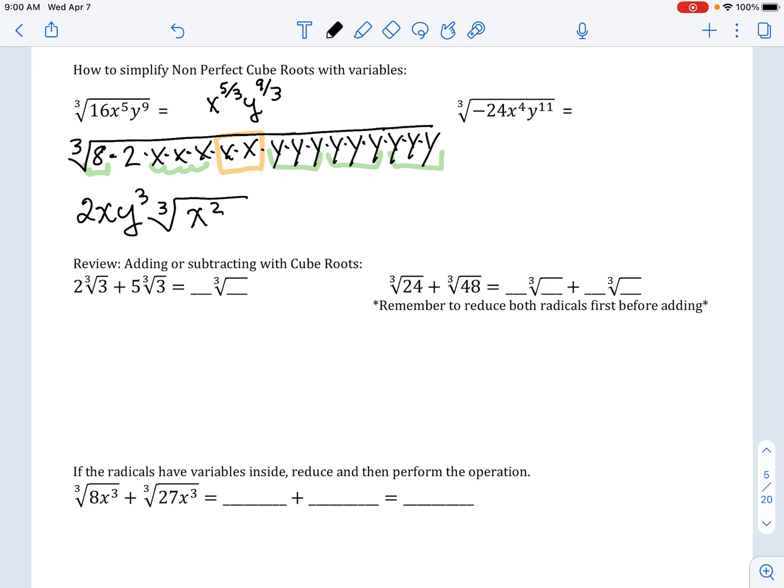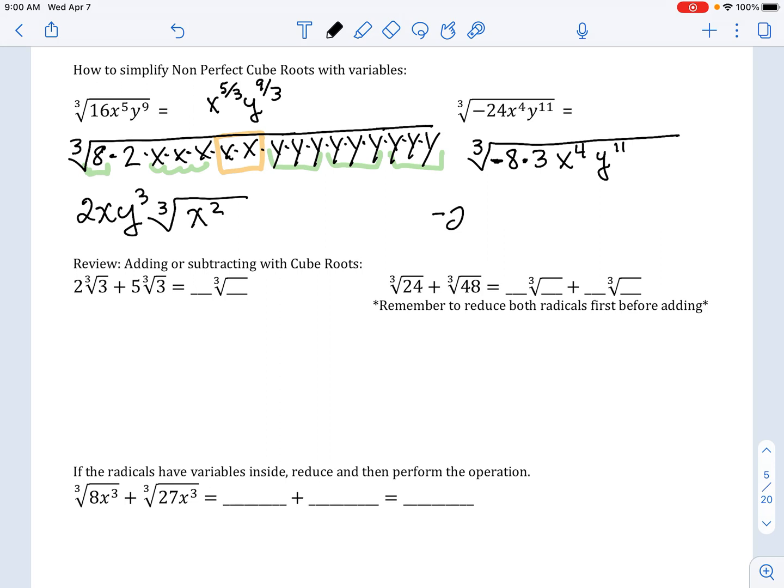Let's try the second one, the cube root of negative 24. So again, we realized in the last section that we can have cube roots of negatives. I'm going to pull the negative with the perfect cube. So negative 8 times 3, and then x to the 4th, y to the 11th. Now this time I'm not going to expand it out.